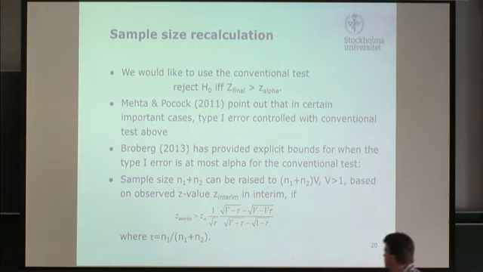And you see here a formula: when the interim Z value is above this value, depending on the time of the interim analysis and how much you raise the sample size, then there's no issue, and you have the type 1 error controlled with the conventional test.